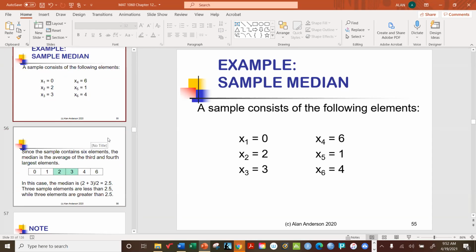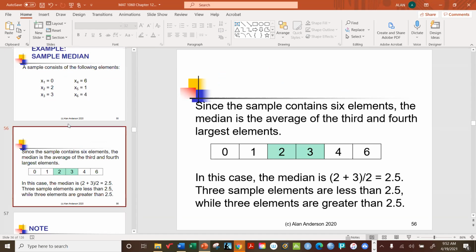So this time, first, of course, we sort them. But then, because there's not an odd number of values, as a compromise we average the two that are in the middle. In this case, that would be 2.5, which you can see cuts the data in half. 3 are below, 3 are above.